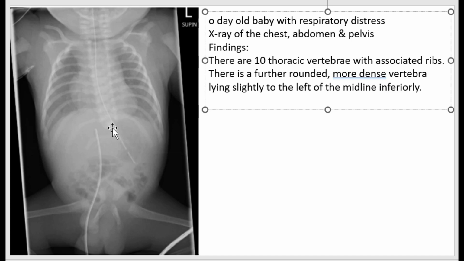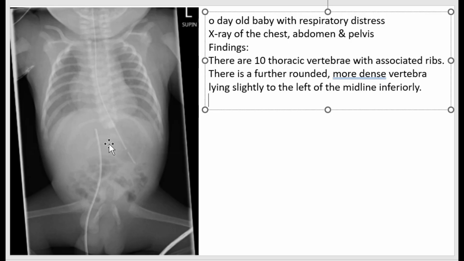After this, can you see this? There is another, or a further, pair of ribs without a vertebral body.